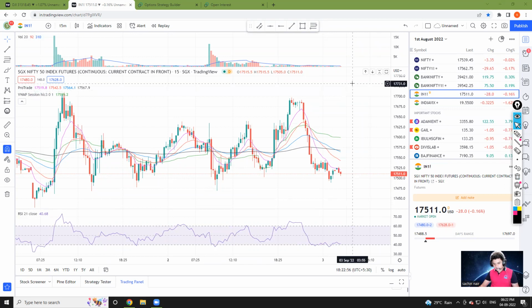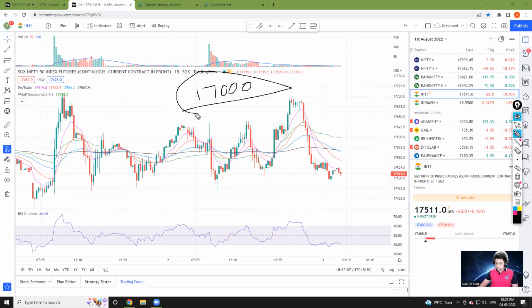So my personal opinion is a little on the bearish side, but having said that, 17,000 is very important. It will be difficult for the bears to break 17,000, at least in this coming week.